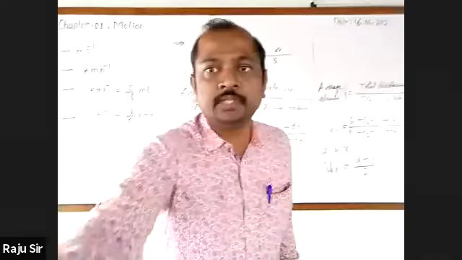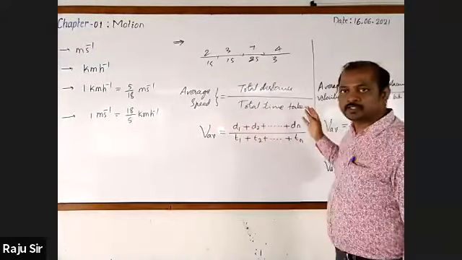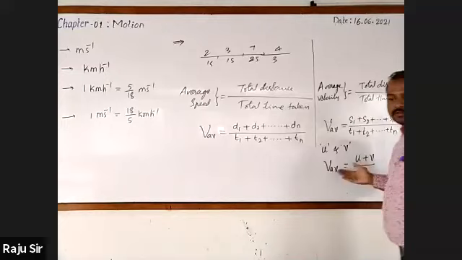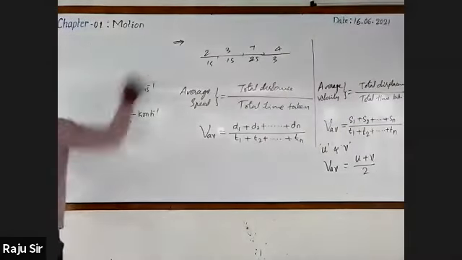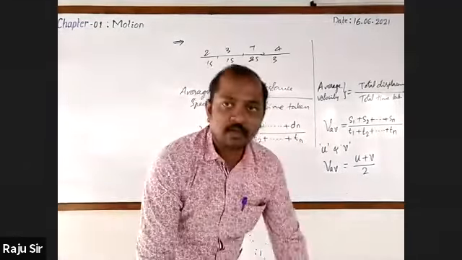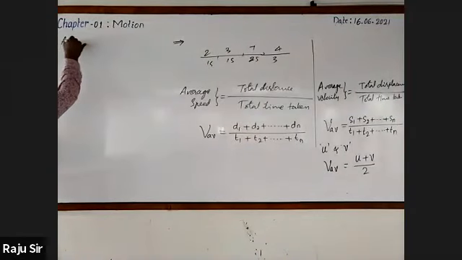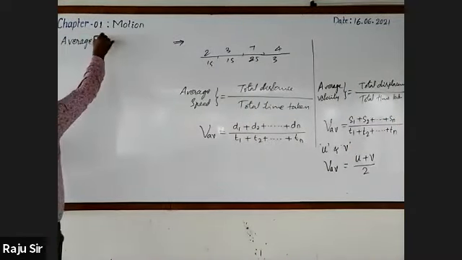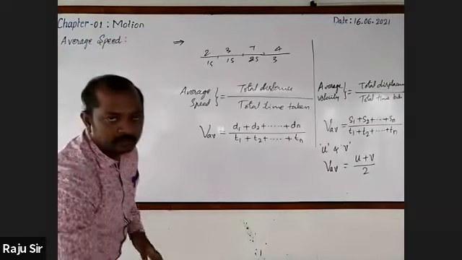Now you'll go for writing the information about average speed, average velocity, and even this also. So go on writing with me. Right, side heading, average speed. Right.